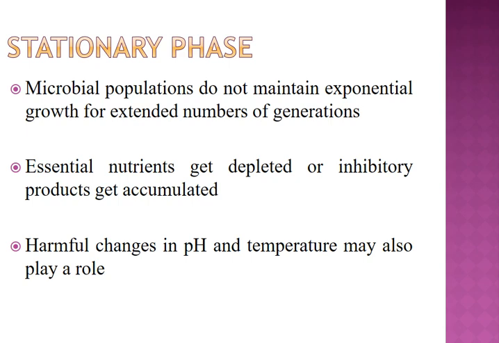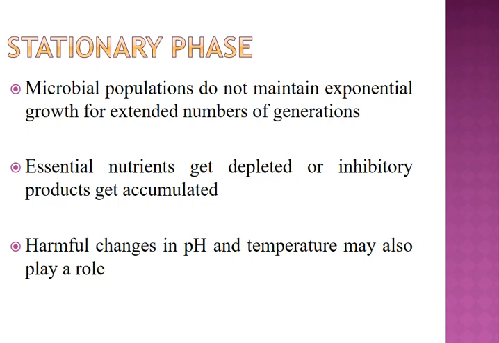After a certain period of time there will be a plateau of the growth. One reason is that essential nutrients get depleted, or another reason is that inhibitory products get accumulated. Or here we can say the number of growing cells equals the number of dead cells.